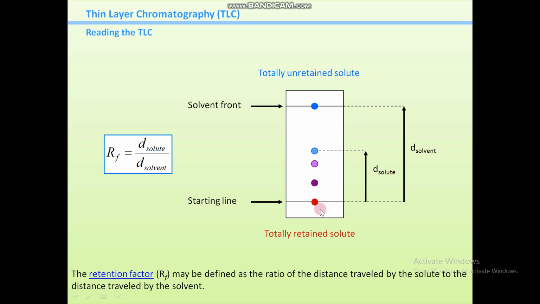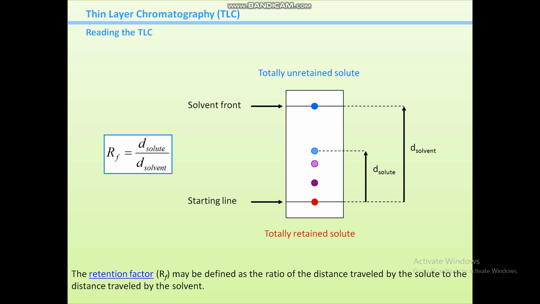The plate is then dipped in a suitable solvent, which means the mobile phase, like ethanol, water, hexane. Most of the time volatile components are used.